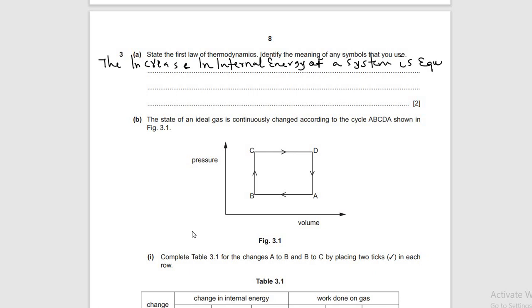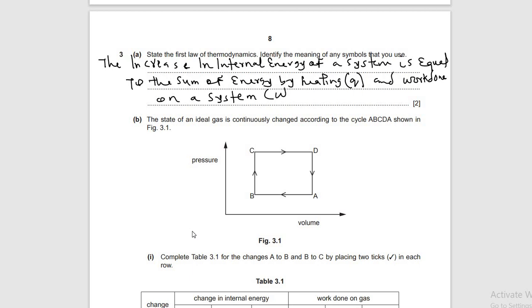is equal to the sum of energy by heating, that's heat energy Q, and work done on a system, that's W. Internal energy symbol is U. I make the word increase, that's change in U. This is the first law of thermodynamics.